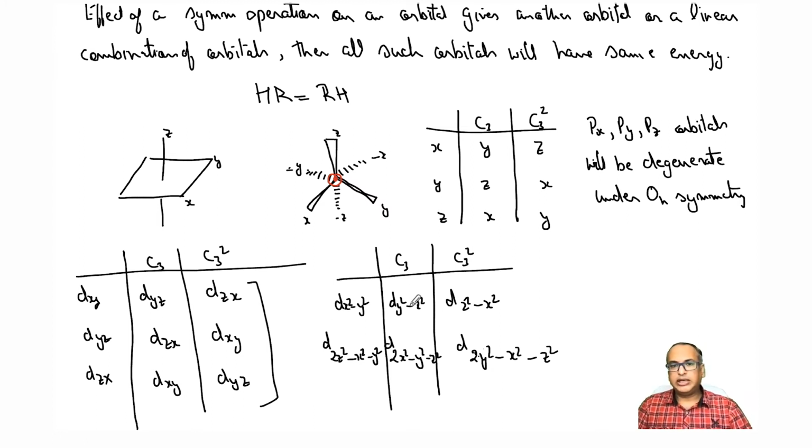Now it is not easy to see whether these two orbitals are the same or getting interconverted or not. But let us look at it more carefully, since we have also said that it could be a linear combination of each other, right? So let's see if this particular orbital is a linear combination of these two or not.